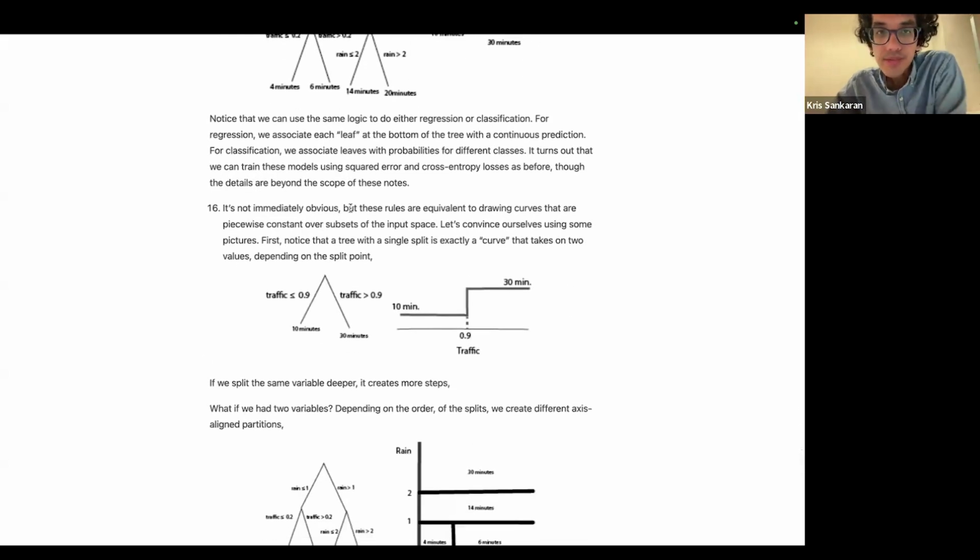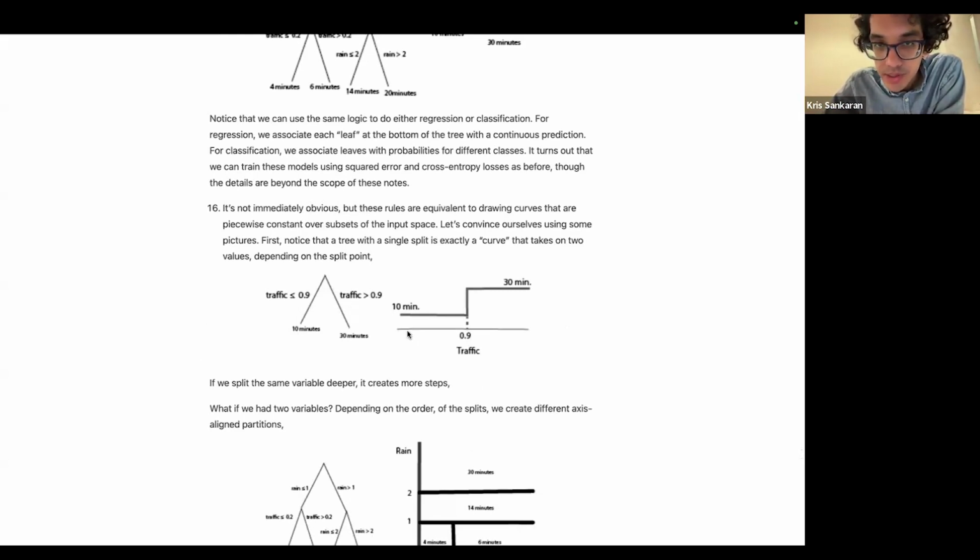Okay. Now it turns out that this is actually drawing a curve in the data space. And how can you realize that? Think about a very simple tree. You just have one set of splits, right? So traffic is small, traffic is high.